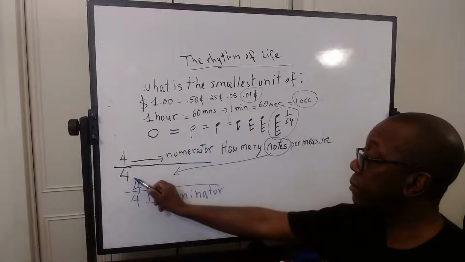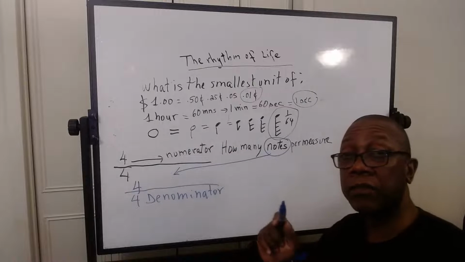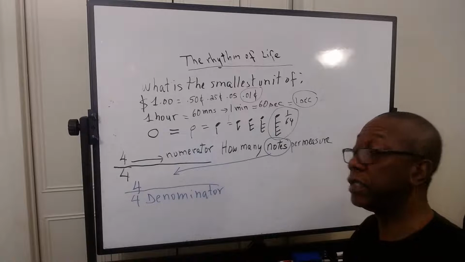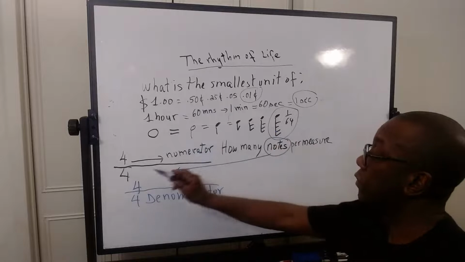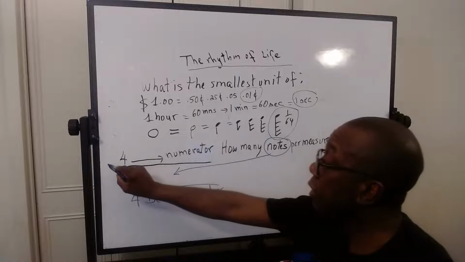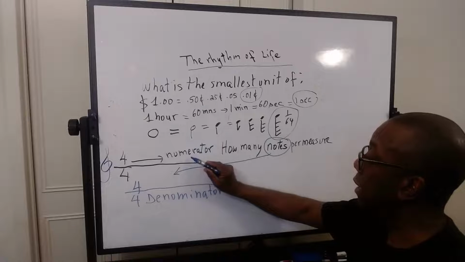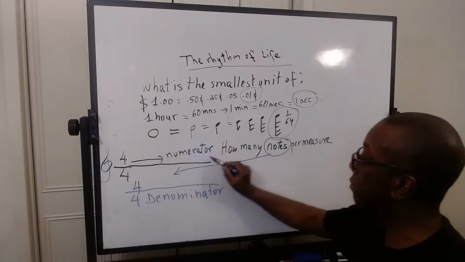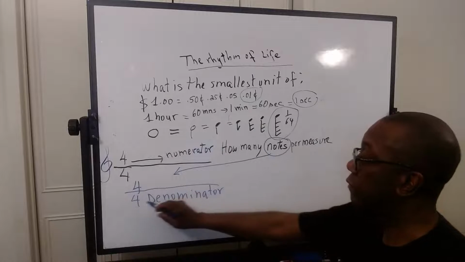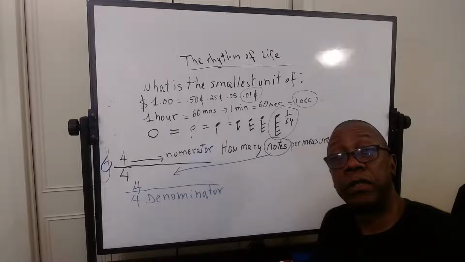The denominator, for instance, 4, would mean a quarter, which we're going to explore a lot, because you have to understand this to properly play and read music.